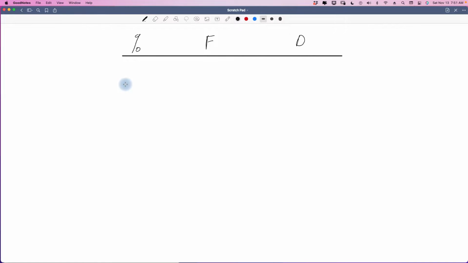We are going to just say our percent. In this case, let's say 25%. Our fraction would be 25 out of 100, the same thing as 25%. But when we divide that, we know that it's going to be 0.25.